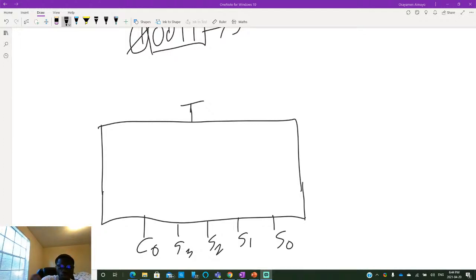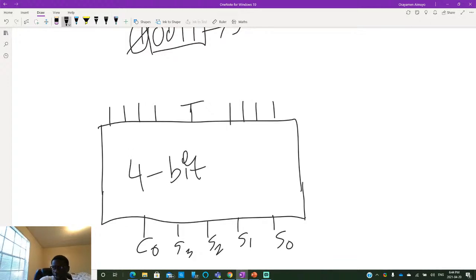So what do we do? Well, first of all, I said it's a 4-bit adder, so we are expecting 4 bits: A0, A1, A2, and A3. But now we're just going to add NOT gates here.